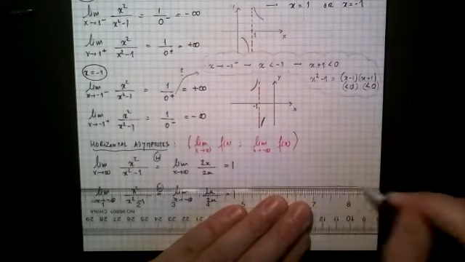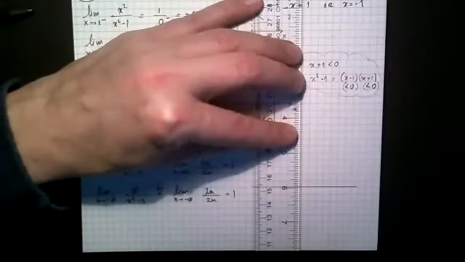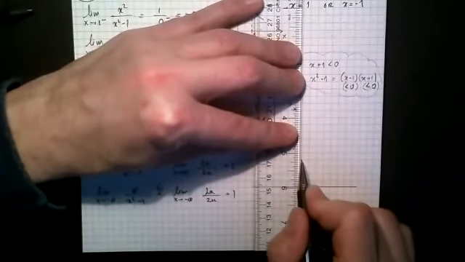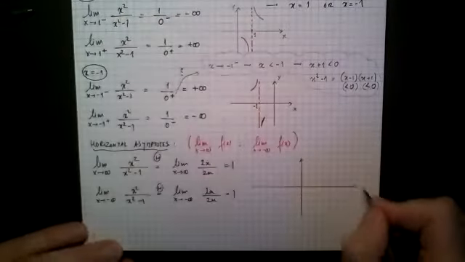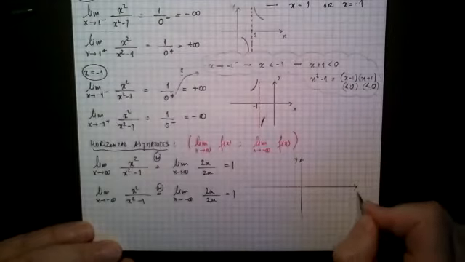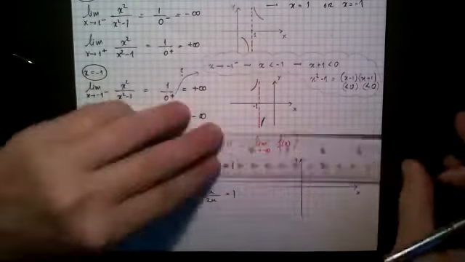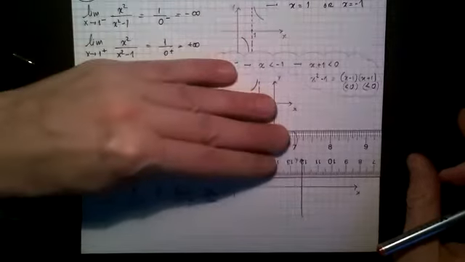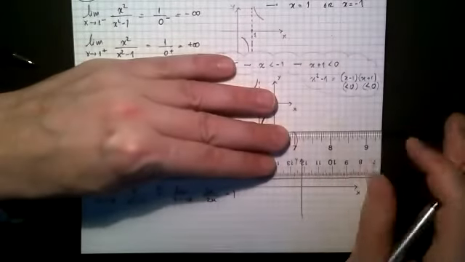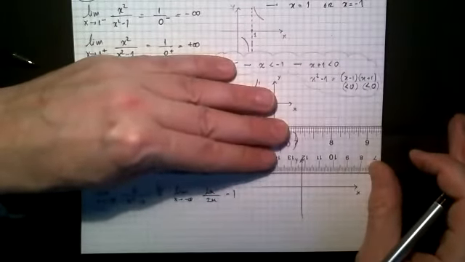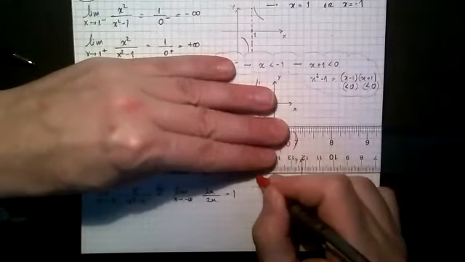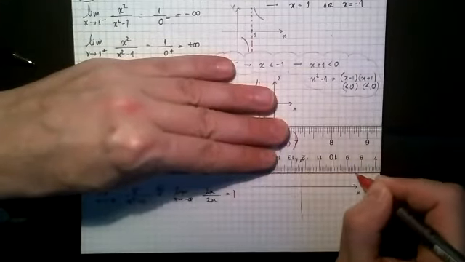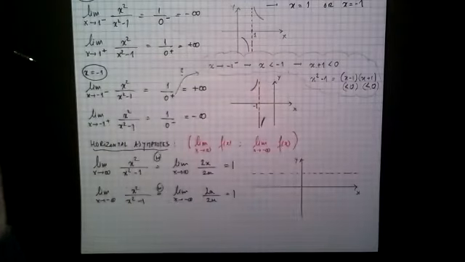So if I'm to represent what I just found here, there we go, horizontal asymptote.